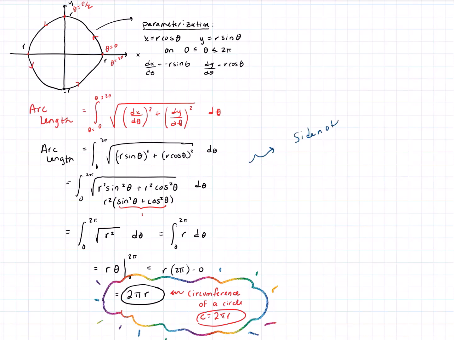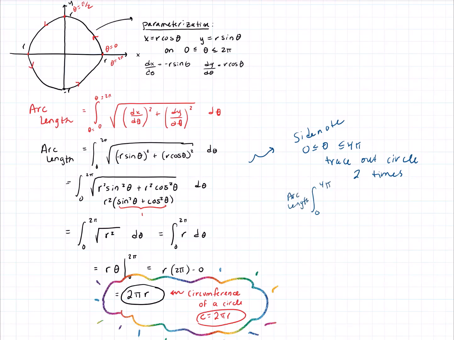Side note, if we were to simply say, let's go from 0 to 4 pi, right? 0 to 4 pi would trace out the circle one more time around. So that traces out the circle 2 times, by the way. And if you were to integrate this exact same thing from 0 to 4 pi, what would that make the arc length?